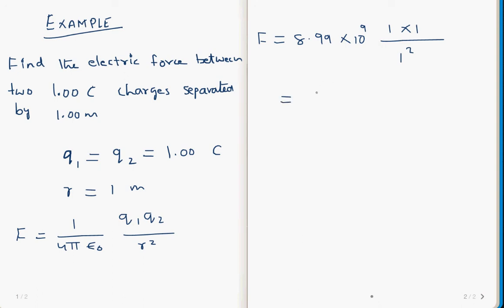That gives you 8.99 times 10 to the power 9 newtons as the force between these two point charges. Since the charges are of the same sign, the force is repulsive.